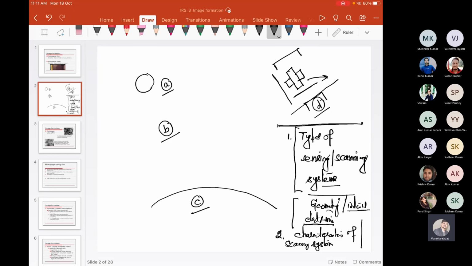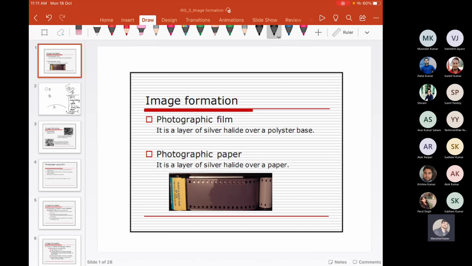So to understand step D over here, first we start with the basic concept of image formation in analog photography. You know that in analog photography, if you recall, by using the analog camera, there is a requirement of photographic film like this, as you see in the image.